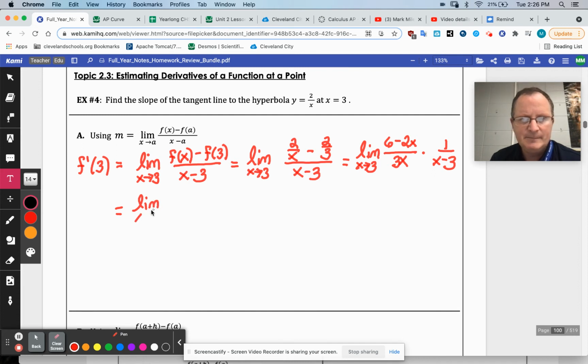All right, so then this will be the limit as x approaches 3 of, what's this little factoring trick here? I'm going to factor out a negative 2 so that I'll have an x minus 3 that'll cancel that one out. There's another way to think about that, and I'll bring that back in just a second.